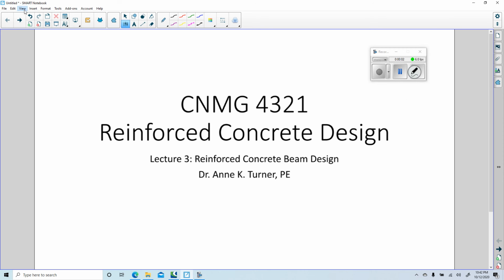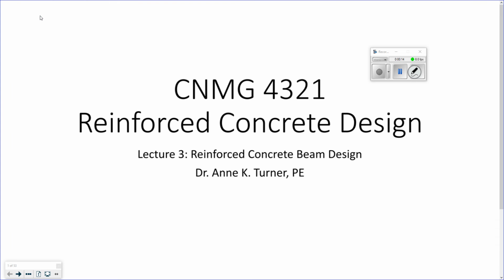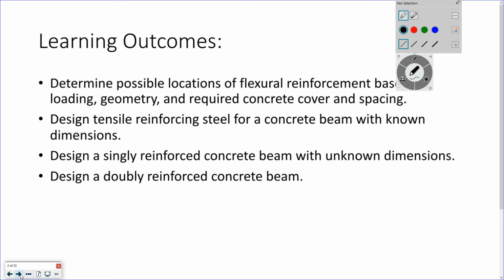All right, now that we've finally gotten out of calculating the capacity, we're actually going to design beams. This is all about flexural strength, moment, right?